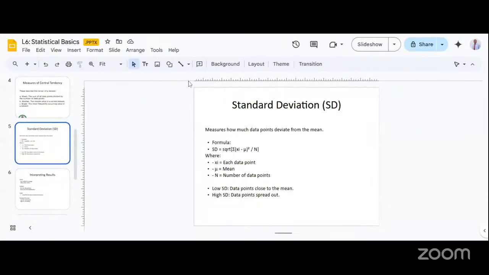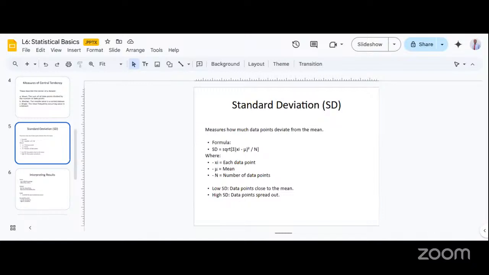Then we also have what's called the standard deviation. So this is a term that might not be very common. Most times people might have heard of mean, average, even median.